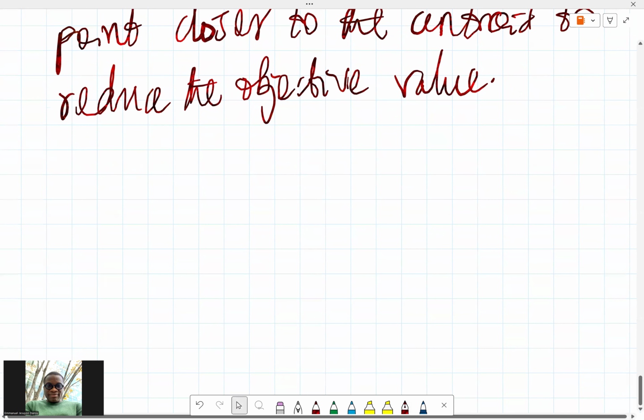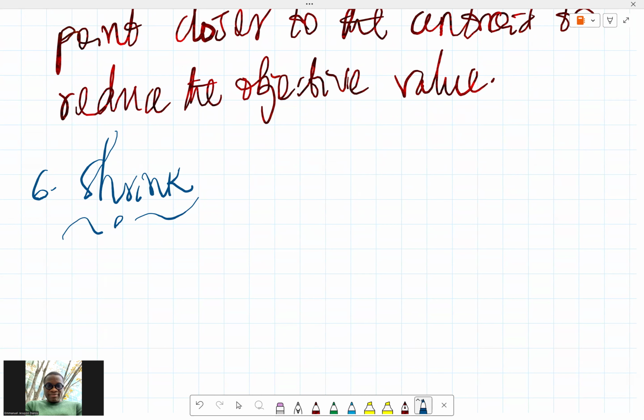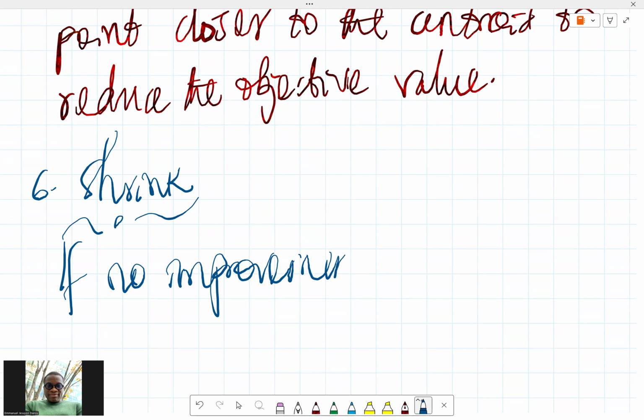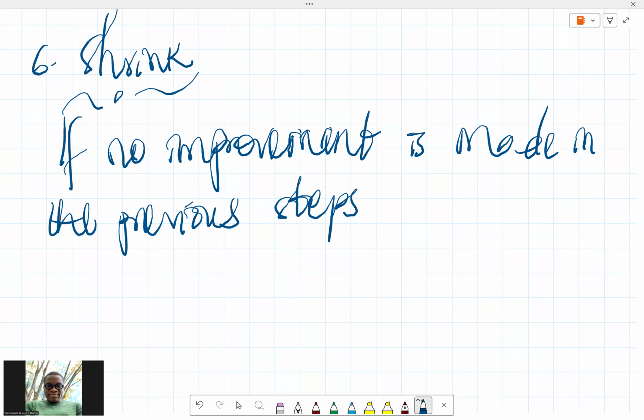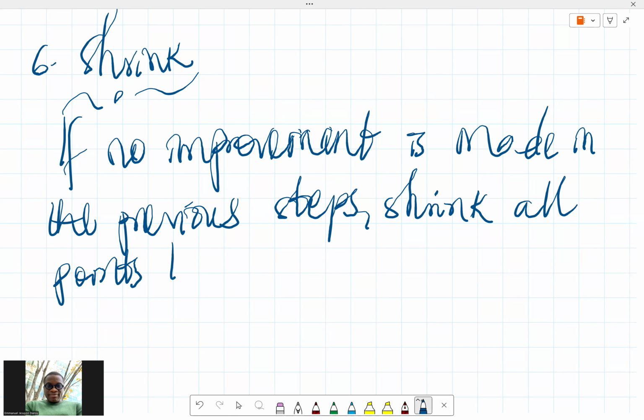Okay, then we also have point 6 where we shrink. Point 6, shrink. So if no improvement is made in the previous steps, shrink all points toward the best point.